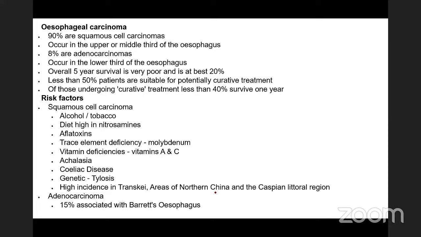For patients who have squamous cell carcinoma of the esophagus, the risk factors include alcohol, tobacco smoking, diet high in nitrosamines, aflatoxins, trace element deficiency like molybdenum, vitamin deficiency like vitamin A and C, achalasia, celiac disease, genetic tylosis, high incidence in the Transkei area of South Africa, northern China and the Caspian littoral region. Adenocarcinoma: 15% associated with Barrett's esophagus.